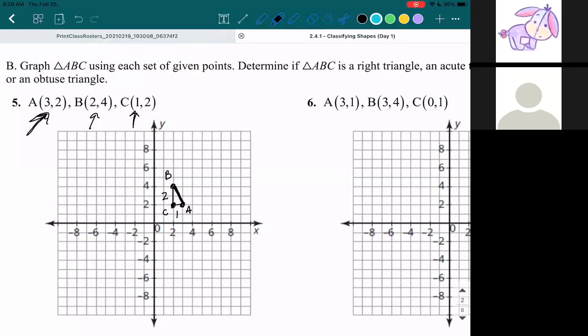So I'm connecting A and B. I'm going to use these 2 points and plug them into my distance formula so that we can get the value of the length. So, square root of x2 minus x1 squared plus y2 minus y1 squared.